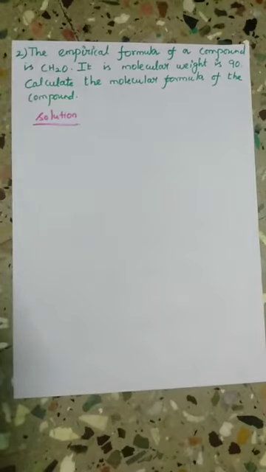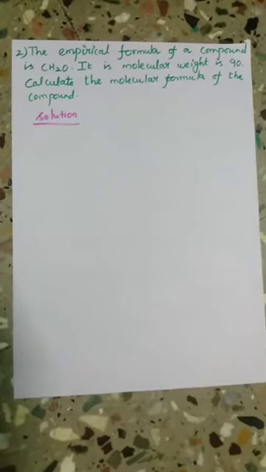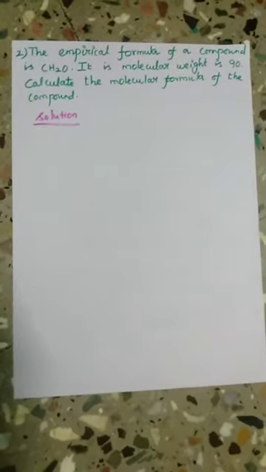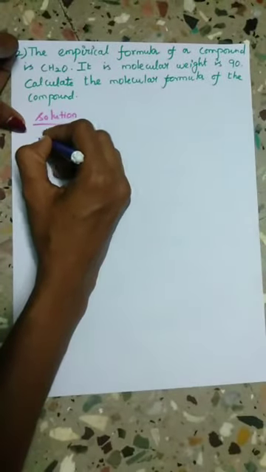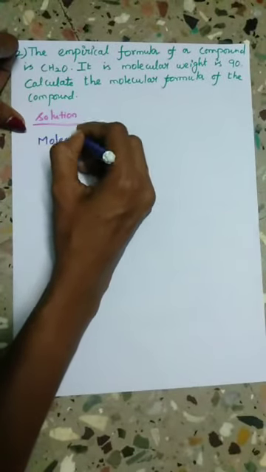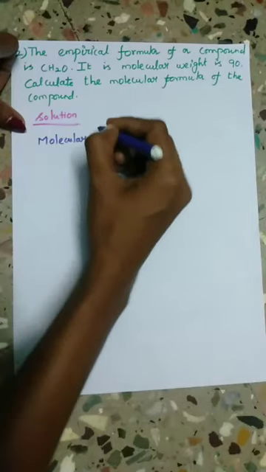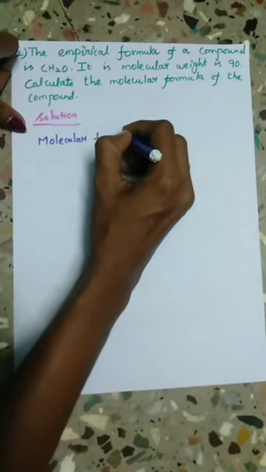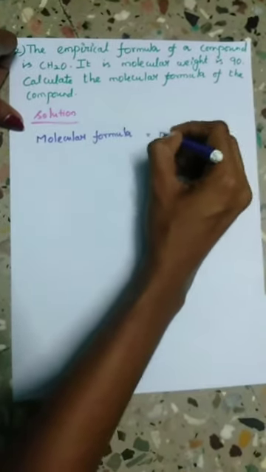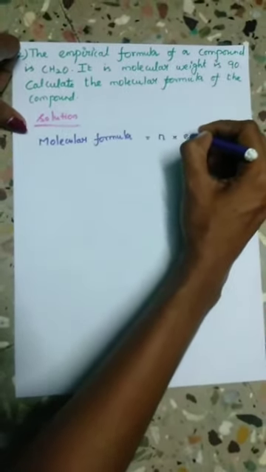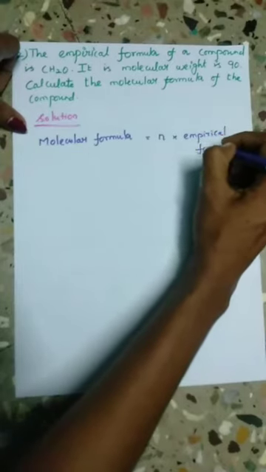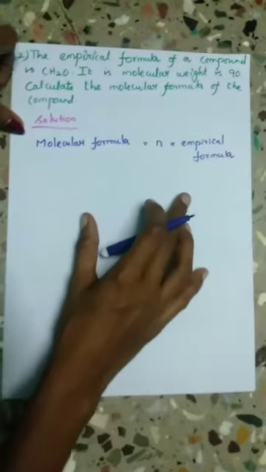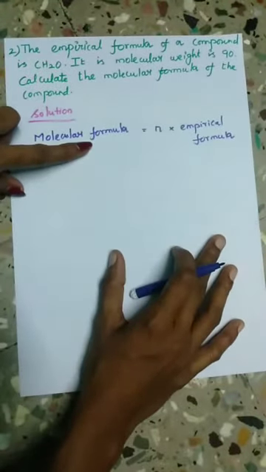Let us derive. How do we find the molecular formula? For that there is an equation, a formula: molecular formula is equal to n multiplied by empirical formula. So this is the formula of molecular formula, am I right?